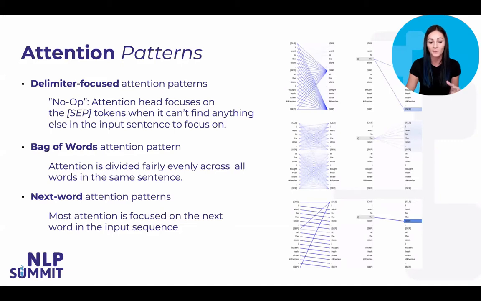And this is really when BERT doesn't find any other input token to pay attention to. Or the pattern looks like a bag of words, meaning it's attending fairly evenly across all of the words in the same sentence. And then you have next word attention patterns, where the attention is focused on the next word in the input sequence. And there are a couple more. So this is something you probably want to look out for when visualizing.